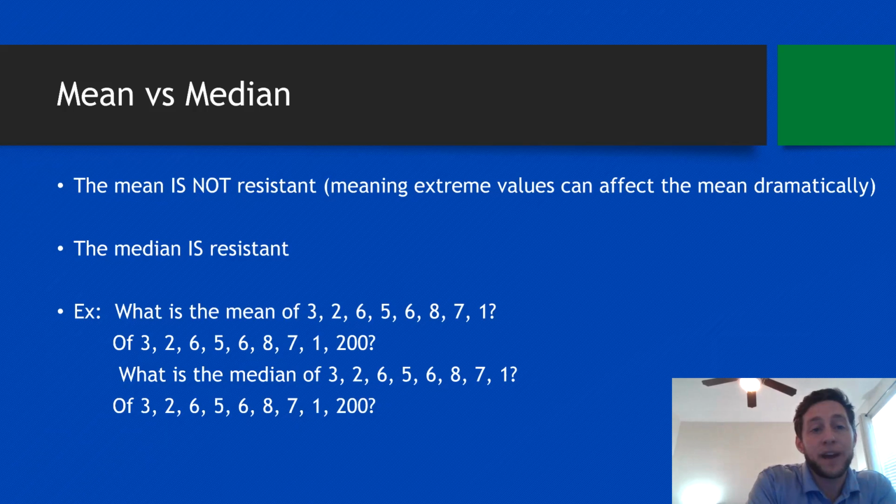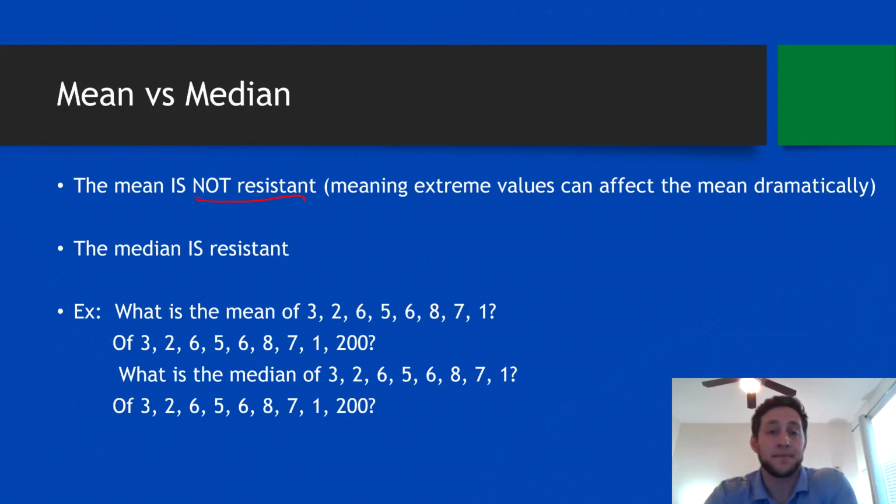And let me highlight that fact, not resistant. Now, what do I mean by resistant? Well, in this case, I mean that the mean is severely affected by extreme values. Whereas the median, it turns out, is typically not affected by extreme values.